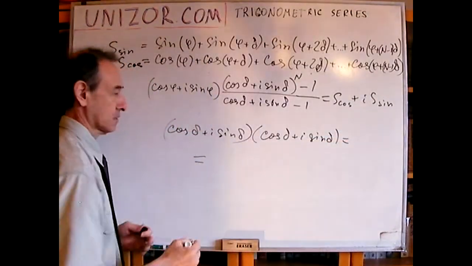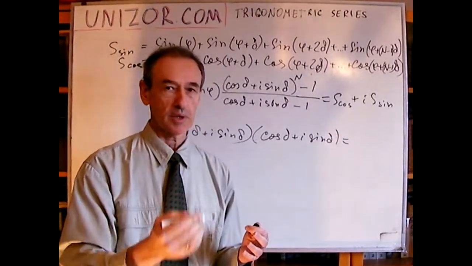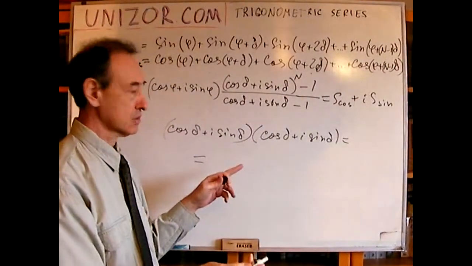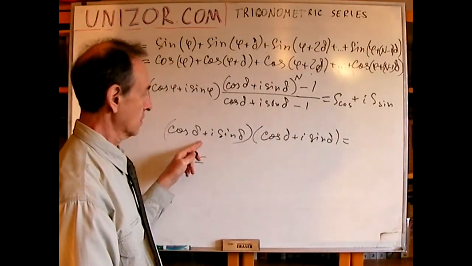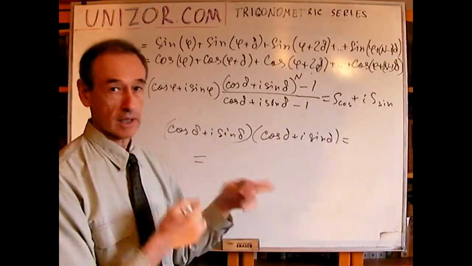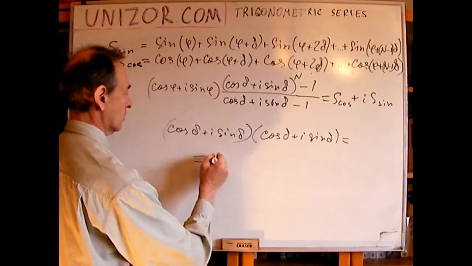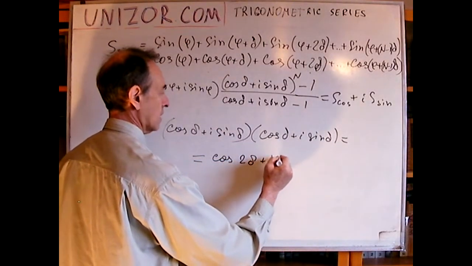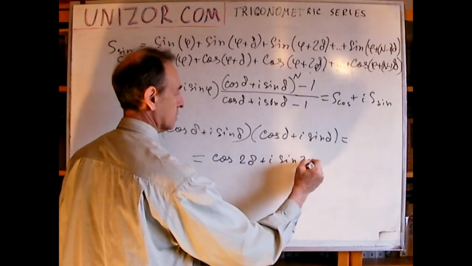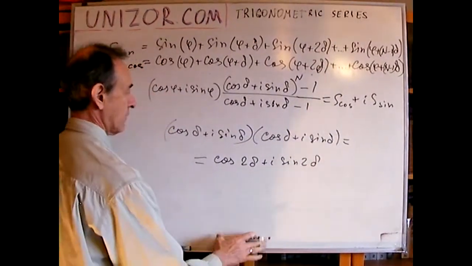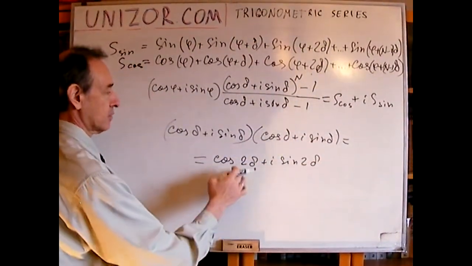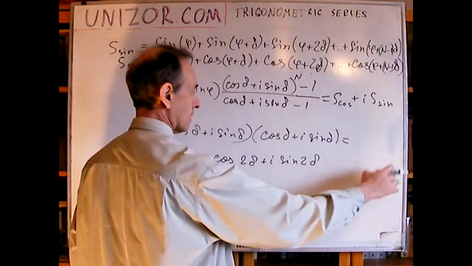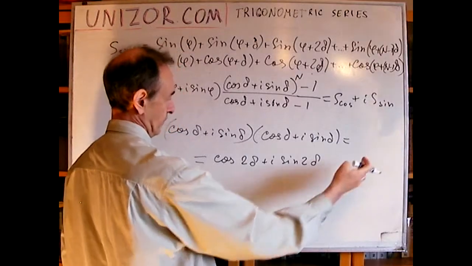what will I have? Well, whenever I multiply two different complex numbers, which both have modulus 1 and angles such and such, angles are added together, right? So cosine 2 delta plus i sine 2 delta. Now, if I multiply it again by the same number, I will have 3.